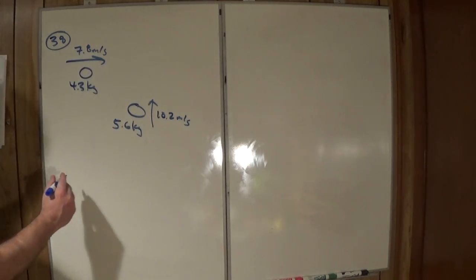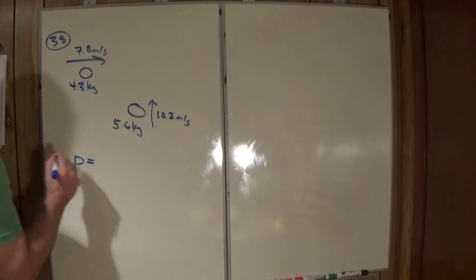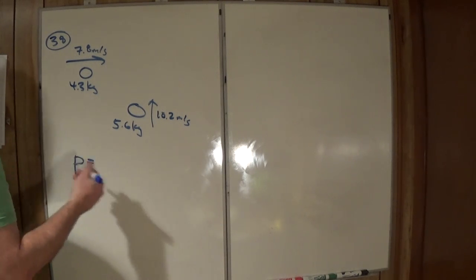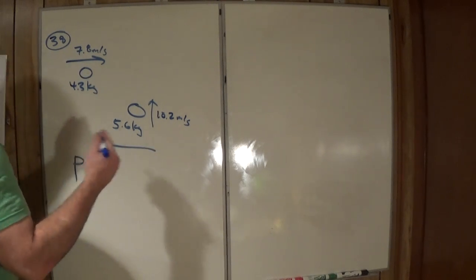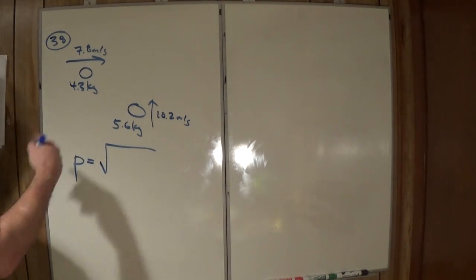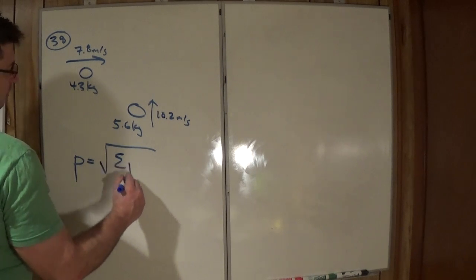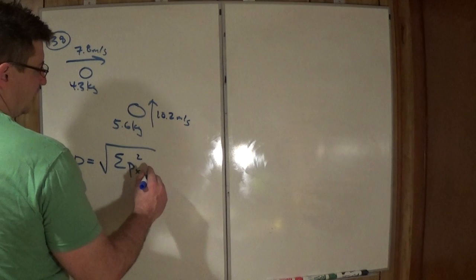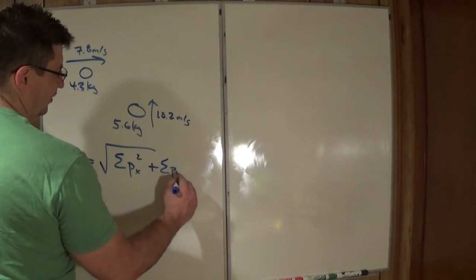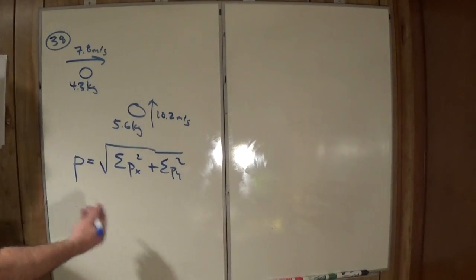Now we could say, generally speaking, that the momentum of any object, even before a collision, is the square root of the sum of the total momentums in the x direction squared plus the sum of the total momentums in the y direction squared. It's the Pythagorean theorem.